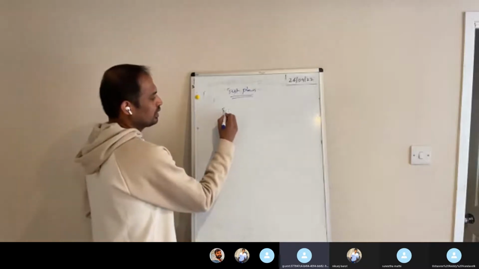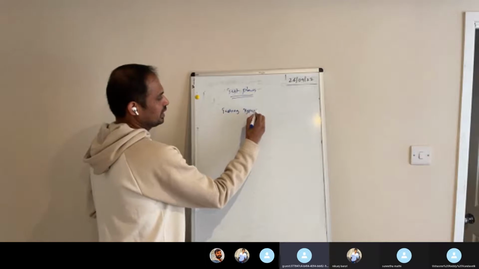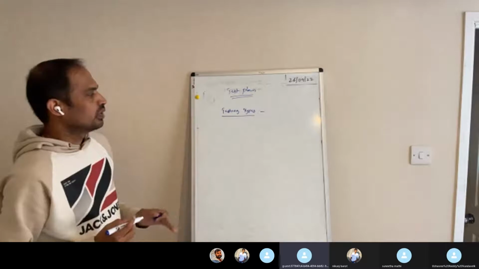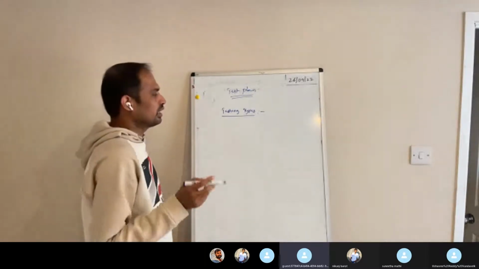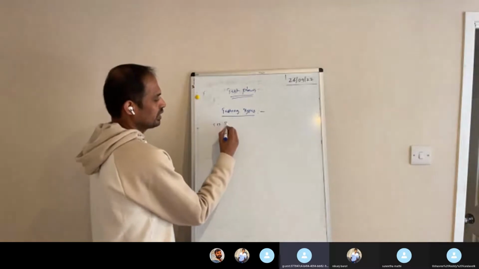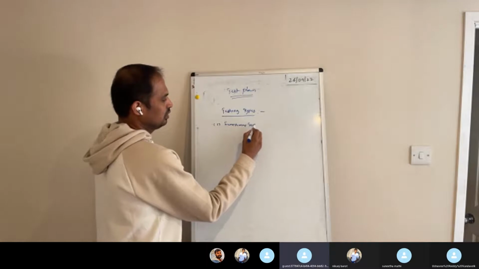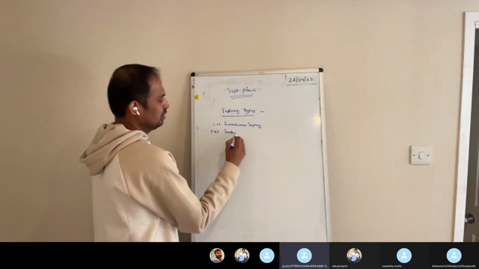What are all the testing types that we are going to cover? Here we decide what all the testing types are that we are going to cover. First, functional testing. Second, integration testing.